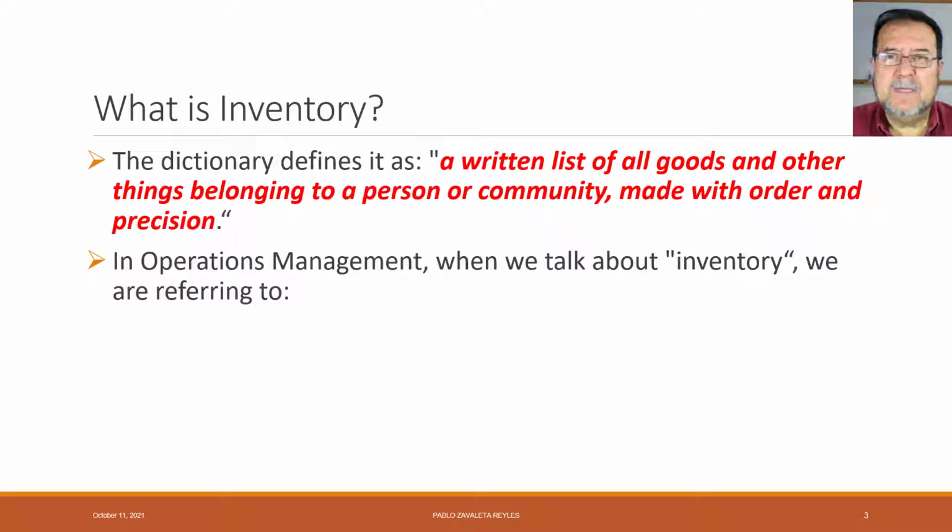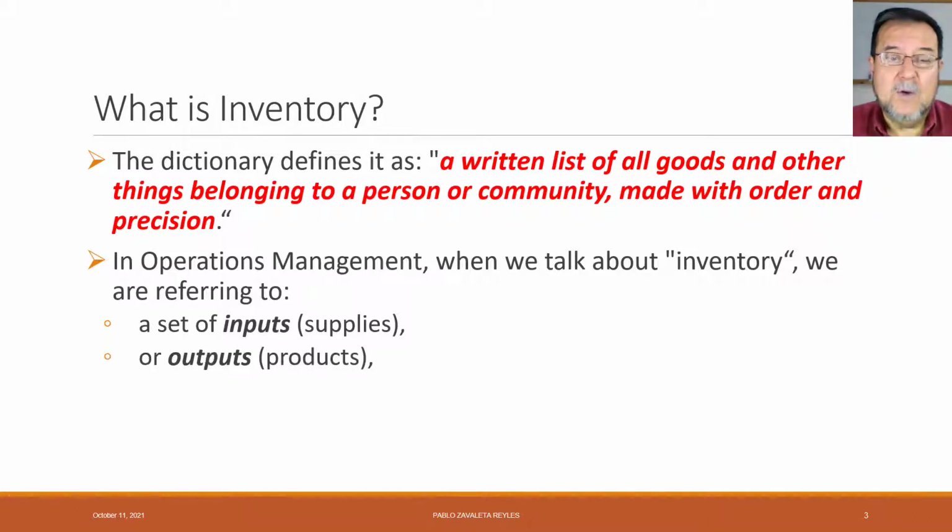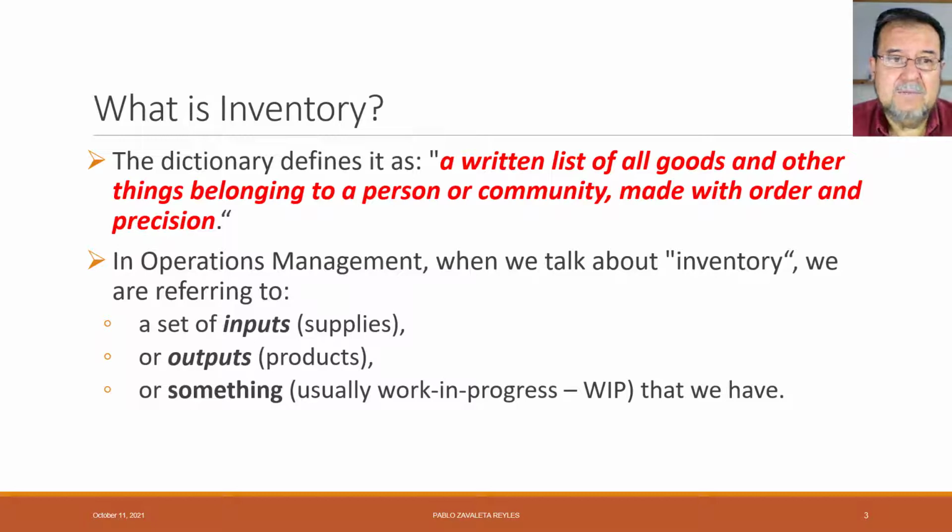When we talk about inventory, or stocks, which is the other word that is widely used, we're talking about a set of inputs, that is supplies. We're talking about outputs, that is products, and something, usually work in progress product, something that is being transformed, but we haven't finished yet, so it doesn't qualify as product, but it has abandoned the category of supplies.